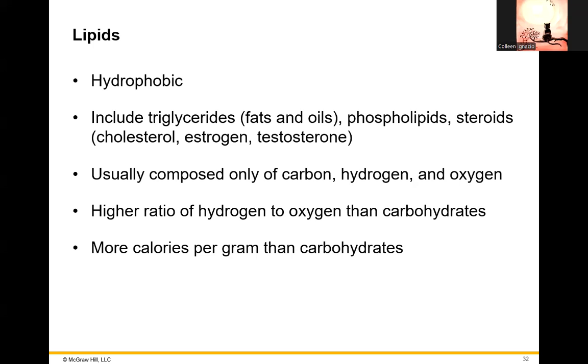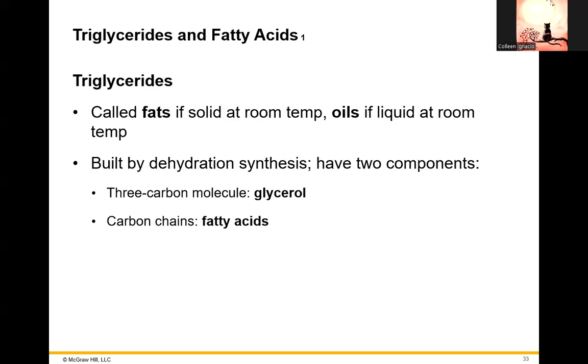Lipids are usually composed only of carbon, hydrogen, and oxygen. There is a higher ratio of hydrogen to oxygen than there is in carbohydrates, and there are more calories per gram than carbohydrates. So lipids are those fats, those tasty desserts, right? They're high in lipids.